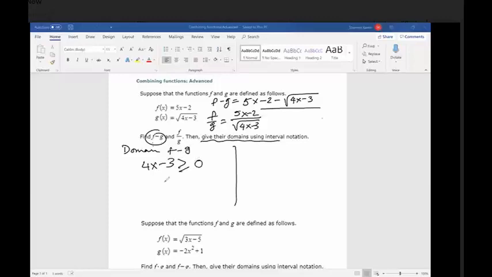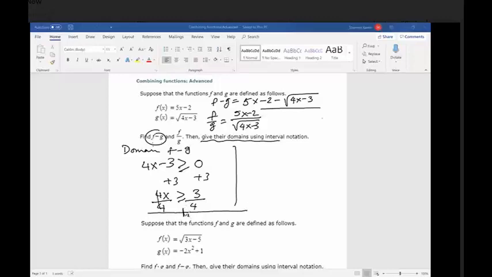Then we add 3 to both sides. We have 4x bigger or equal to 3, then we divide both sides by 4. So x has to be bigger or equal to 3/4.